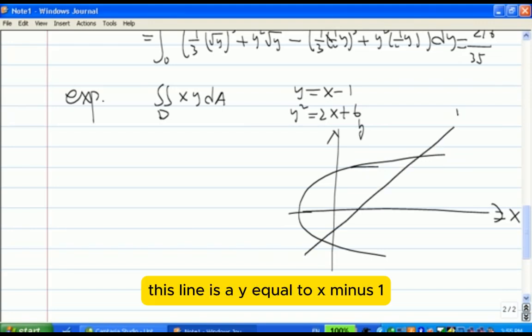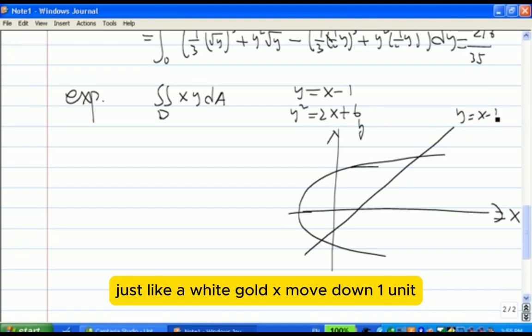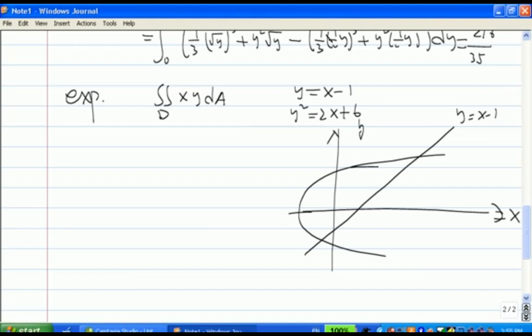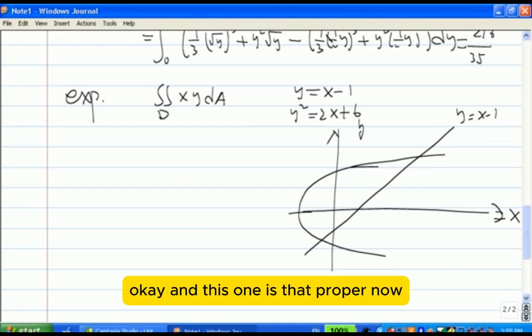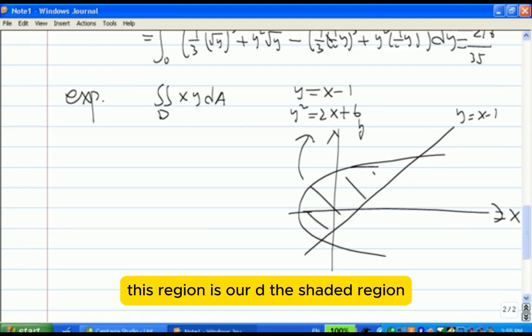This line is y equals x minus 1, just like y equals x, moved down 1 unit. And this one is that parabola. Now, this region is our D, this shaded region.